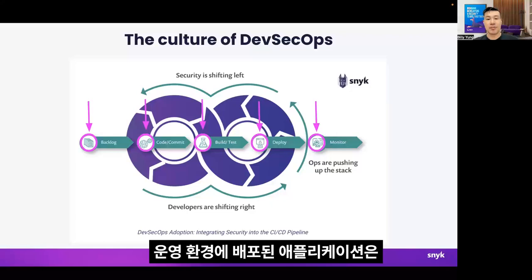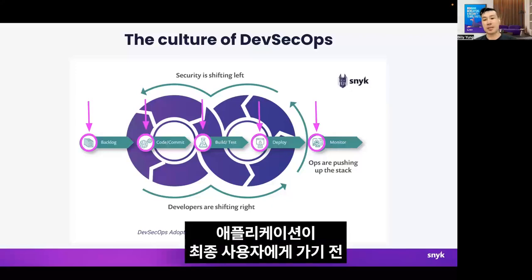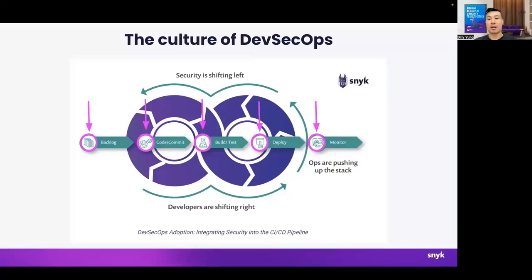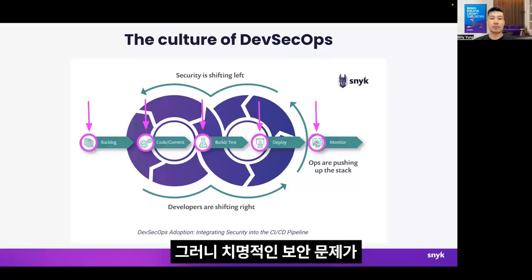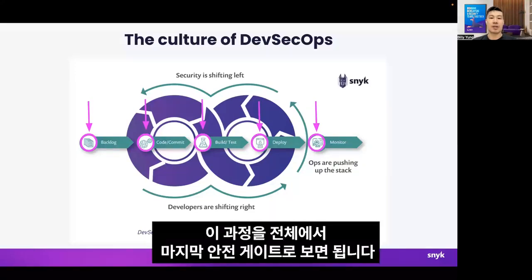As applications are being deployed into production, this is really the last place before your applications are made available to your end users. So we want to ensure that there are no critical security vulnerabilities being pushed out into production. And you can think of this as our last safety gate in the entire process.